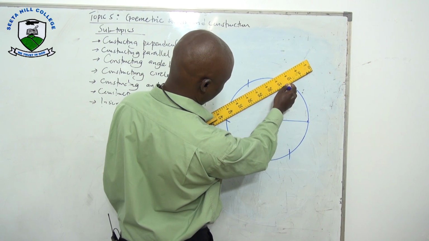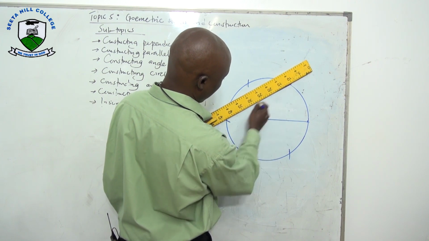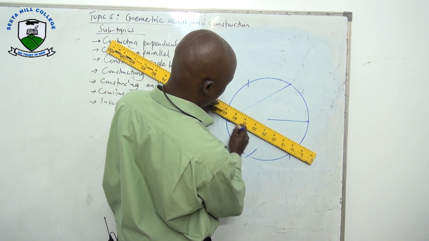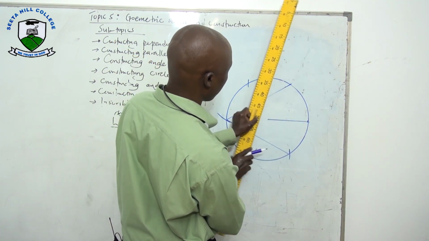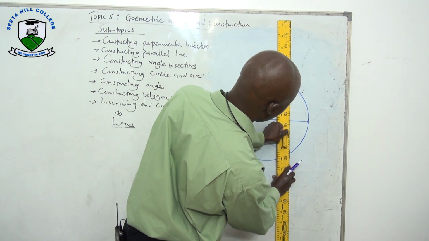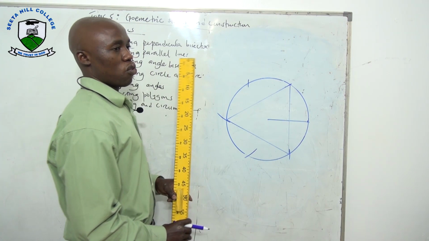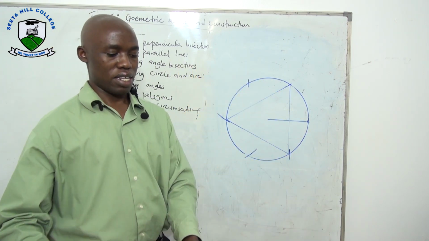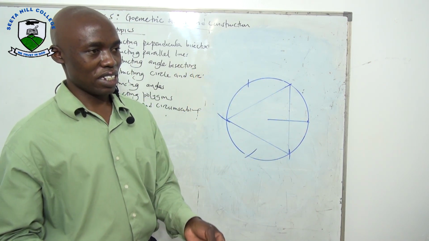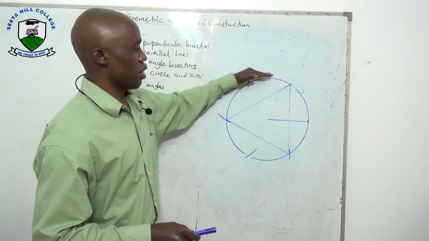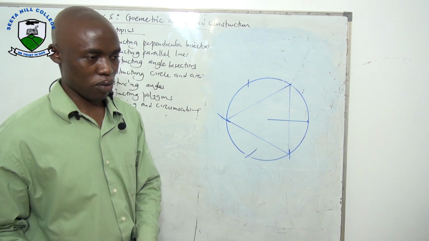It is equilateral. When you measure, all the sides will be equal. If you want the hexagon, you join all the sides. Clear? Join all, and the hexagon will have come out.